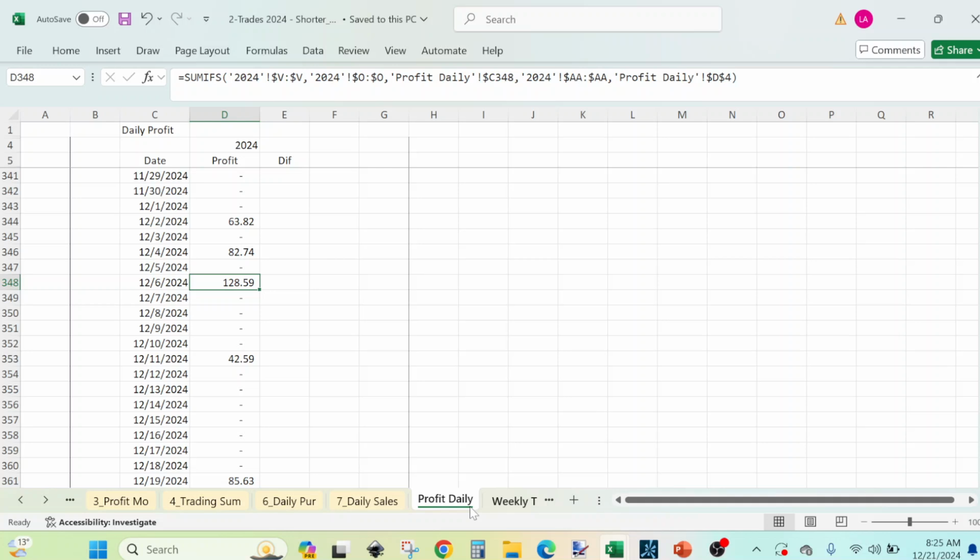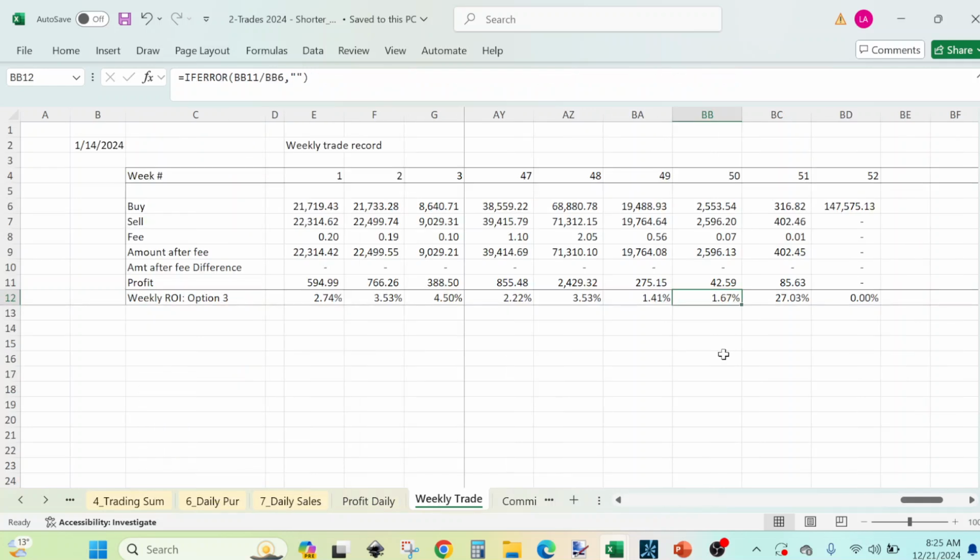So for the weekly trade for week 50, we have 1.67% of return by having that profit over the transactions that created it, and this one gave us 27.3%, by taking into consideration the stocks that we purchased and sold to make that profit.